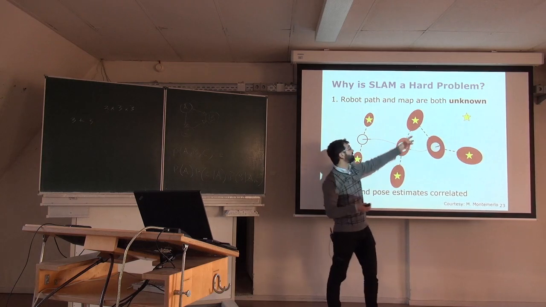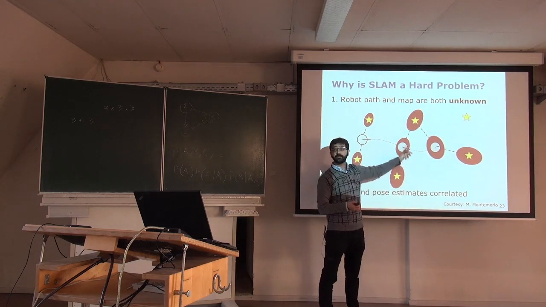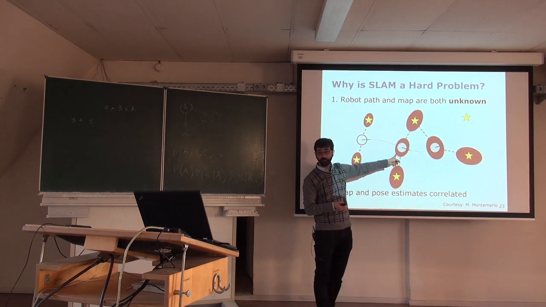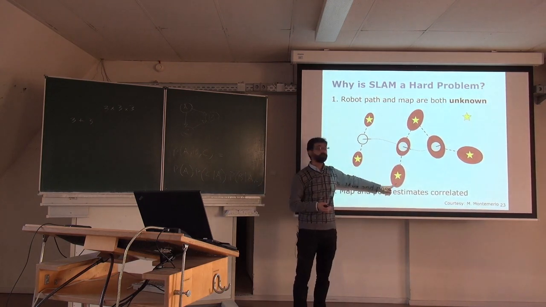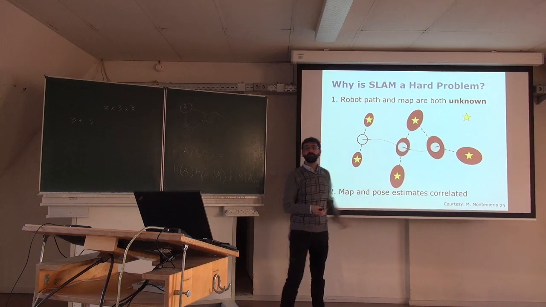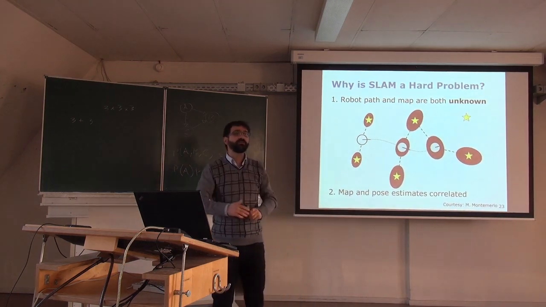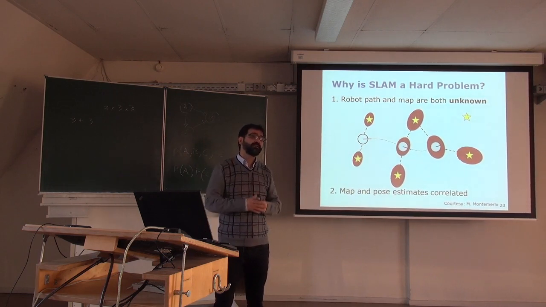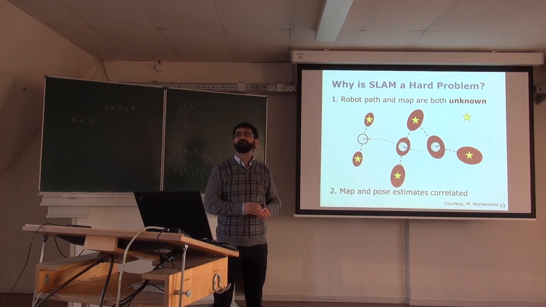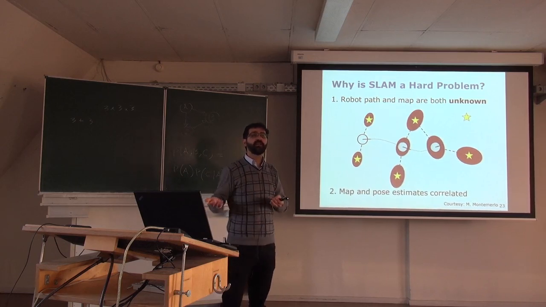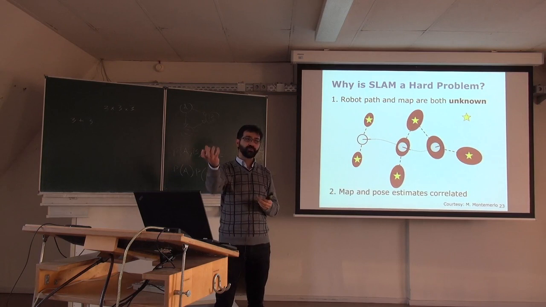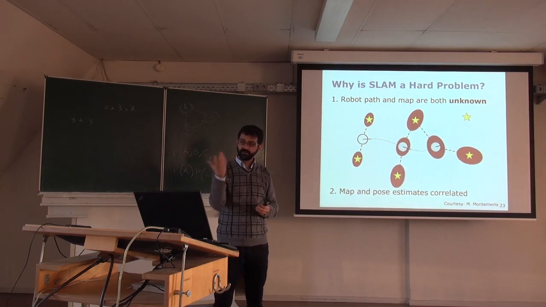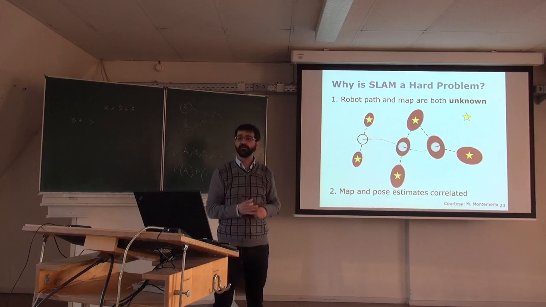But since this uncertainty depends also on that uncertainty, also this uncertainty gets smaller, and therefore also the uncertainty of this landmark gets smaller. So you will see this kind of magic happening, that you travel for a very, very long time, and at some point something that you observed, I don't know, 1 hour ago actually is more certain right now, just because you are more certain where you are in this specific moment. And that's what the correlation does. So everything is connected, everything depends on each other.